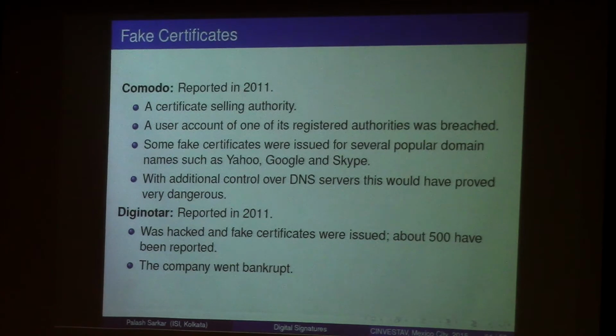If you can control the DNS, then you can change the numbers, and then it would come to you, where you present the fake certificate. Now, it was not clear that the DNS servers were compromised. In fact, the CEO of Komodo mentioned that without controlling DNS servers, this was not very useful. But the thing is that it was attacked, and it was attacked via one of its registered authorities.